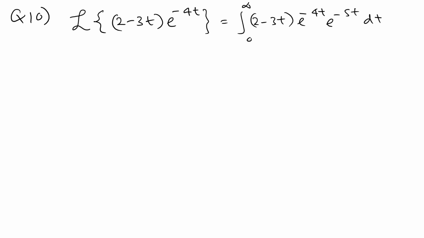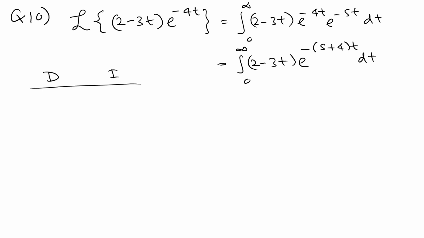So what we normally do, we can combine them into 1. So it is the integral from 0 to infinity of (2 minus 3t) e to the negative (s plus 4)t dt, and then we can use a shortcut for this one, the DI method. So you can see it is 2 minus 3t, and then e to the minus (s plus 4)t.